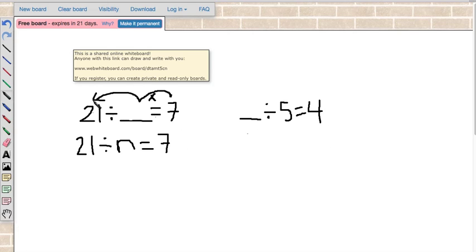Here, they told you the first number, and the one they didn't tell you was the second. Here is the other way. They don't tell you the first number, so that means that it's N divided by 5 equals 4.